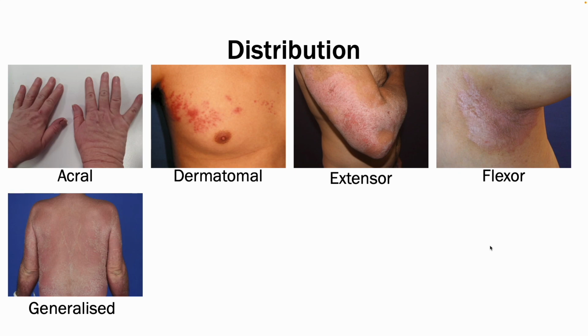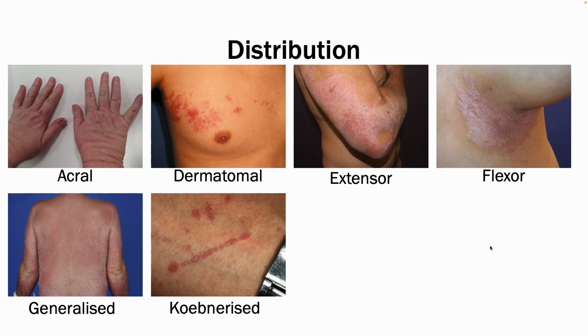Generalized when it's too widespread to really give it any individual term. Koebnerized is a very interesting presentation. It means the lesions have appeared at a site of previous trauma or injury. There is hyperproliferation of collagen and there is more scar tissue built in the area following the injury, resulting in the lesion forming thereafter.